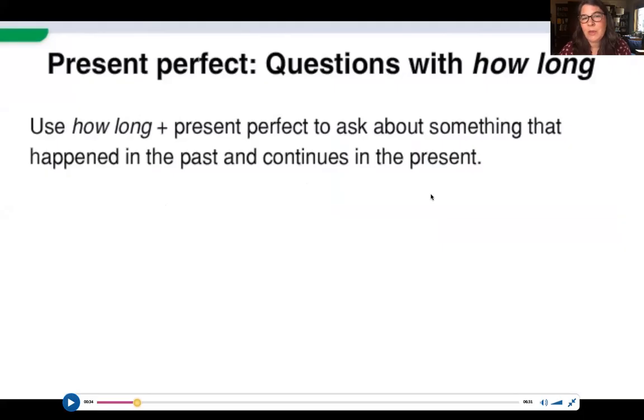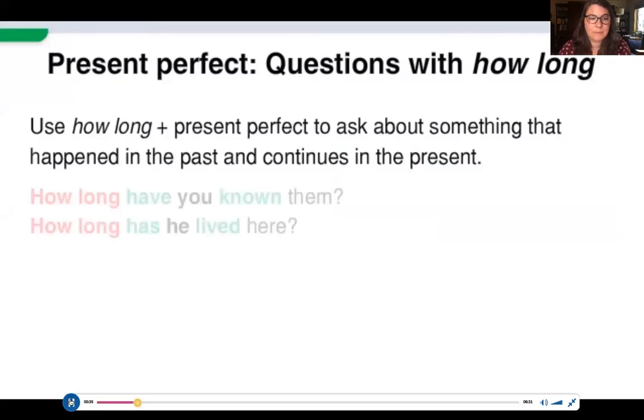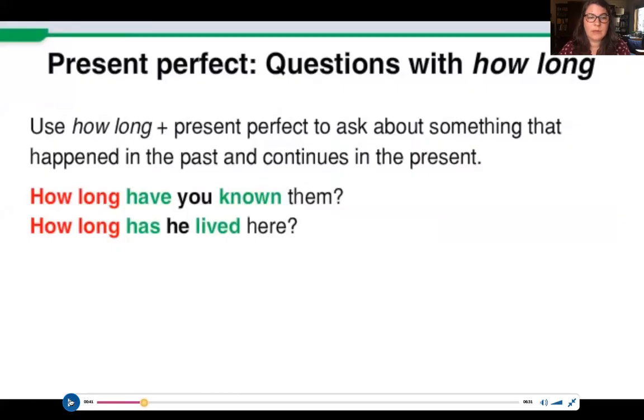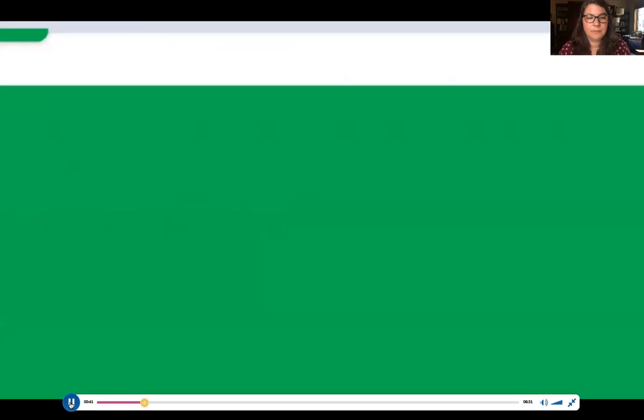It's still true. So how long have you lived in Albuquerque means I know you still live here. Okay, that's why it's different from simple past. That's important. How long have you known them? How long has he lived here? So you understand you still know someone, you still live here.